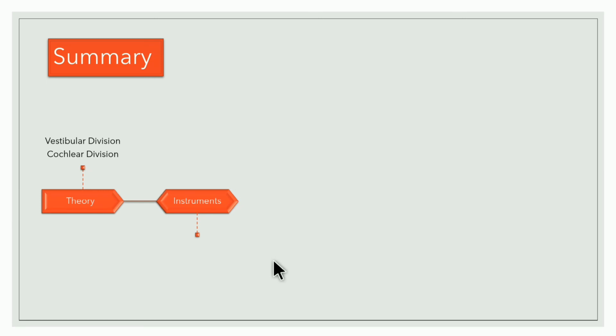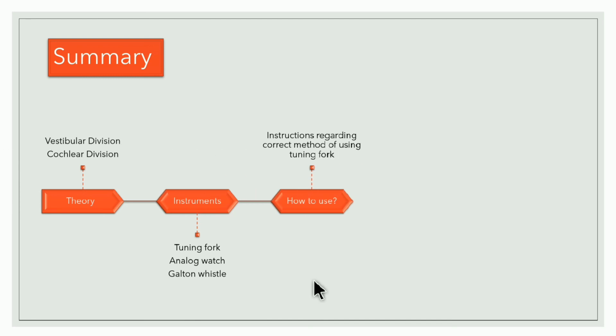So let's summarize today's practical. What we learned today: first, the theory portion of the practical, that is the vestibular division and cochlear division of the vestibulocochlear nerve. Then the instruments which are used in today's practical, mainly the tuning fork, then analog watch and Galton whistle. Then how to use these instruments, particularly how to hold the tuning fork and how to set up vibration on the tuning fork.